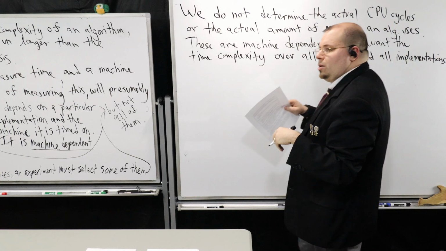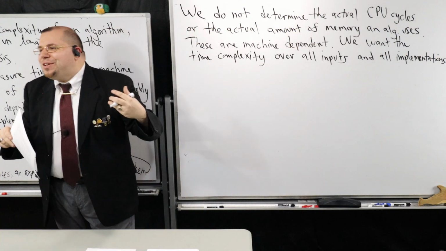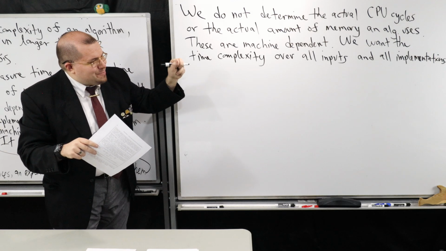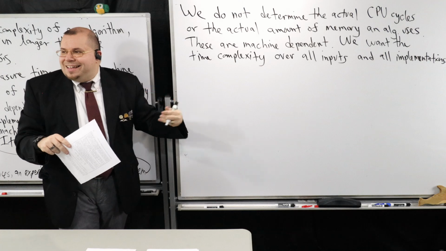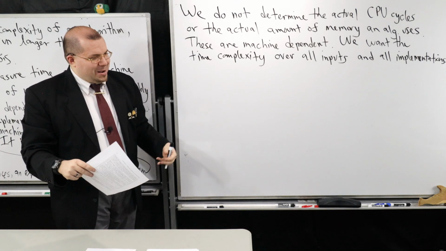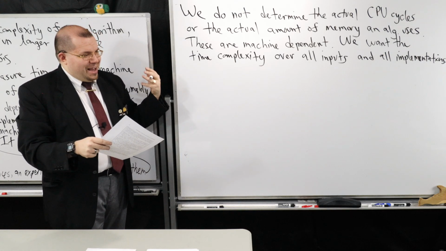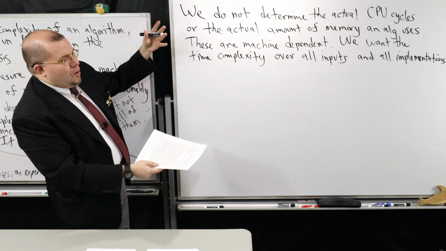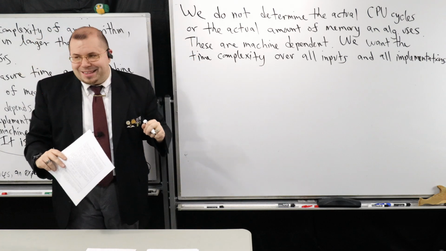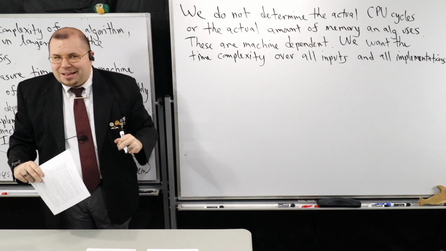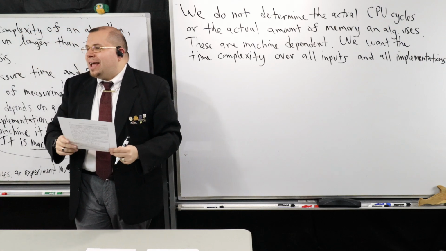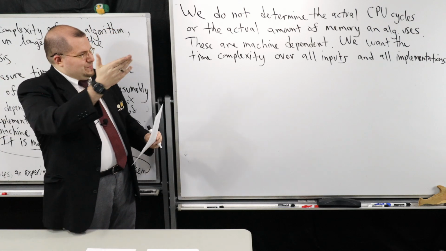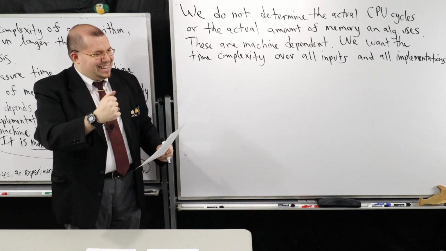All inputs and all implementations. That sounds quite deep, right? It's not just one computer program anymore. Now it's like, here's the algorithm, and here's all possible ways you could write that algorithm out, at least if you're following the same set of rules. And I would like to know which one's more efficient.